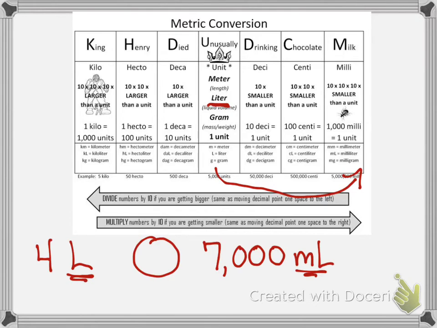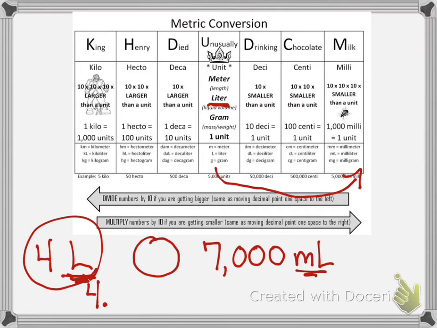We want to convert just this side only, to milliliters, to see if we are going to be higher, less than, or equal to 7,000. So here's our 4, and there's our decimal point, always to the right because it's a whole number, and we're moving it how many times?